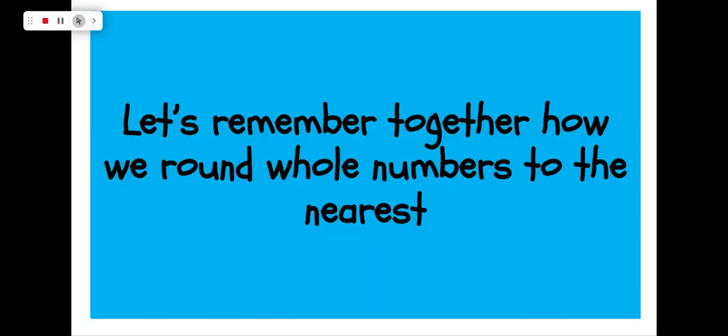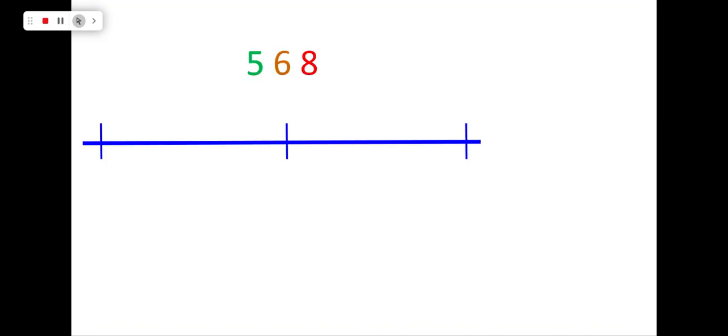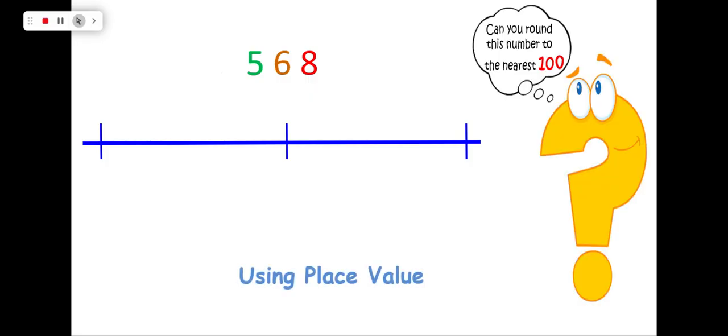Let's remember together how we round whole numbers to the nearest 10 or the nearest 100. Let's take the number 568. Using place value, how can we round this number to the nearest 100?